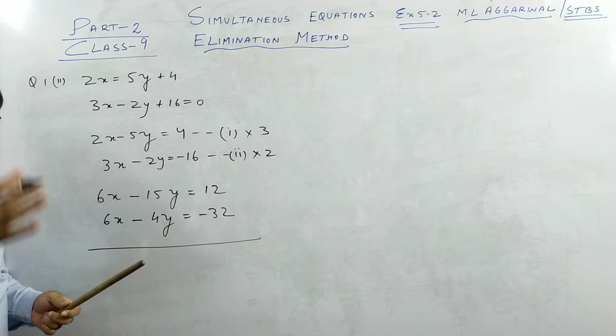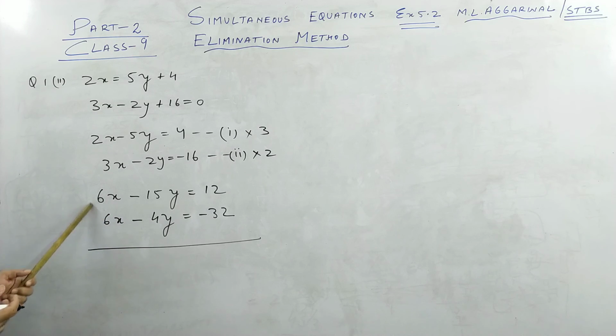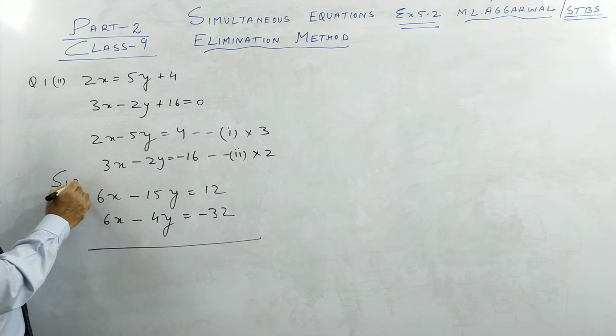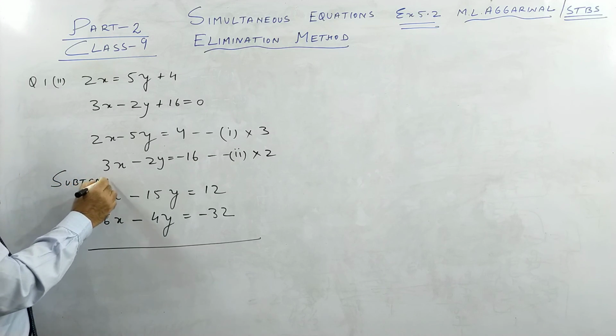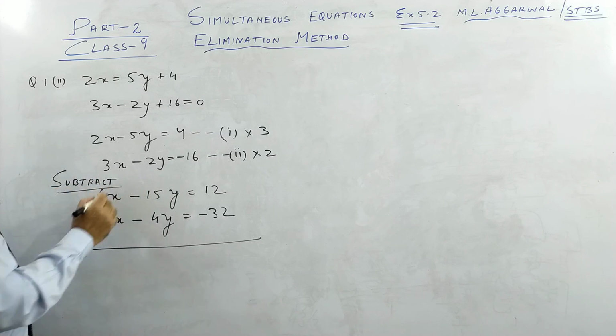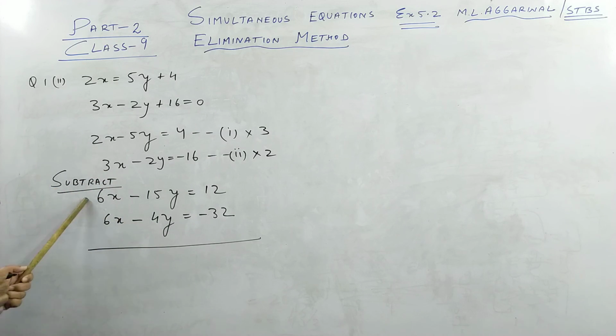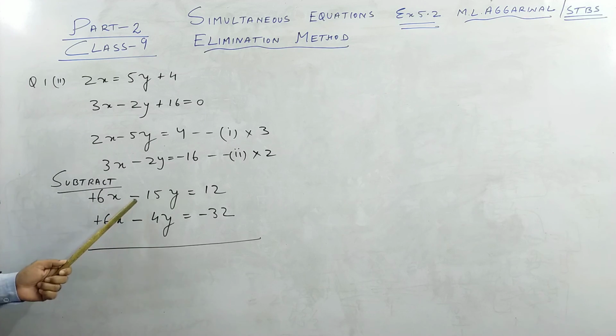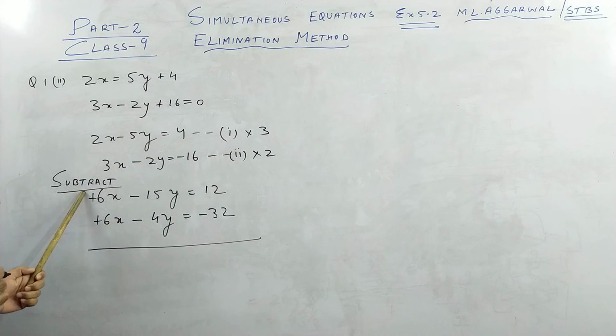Eliminate means cutting, finishing. So we will eliminate x. Here we will subtract. Remember, when you have the same sign, both are plus, we subtract. Here both are minus, so we subtract.